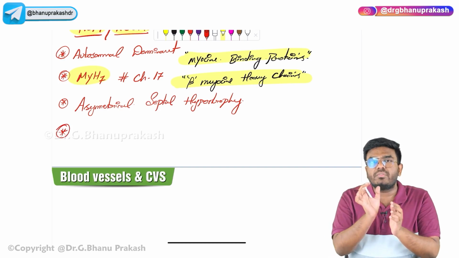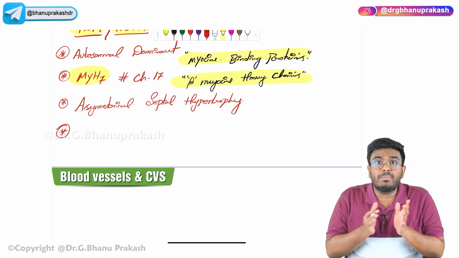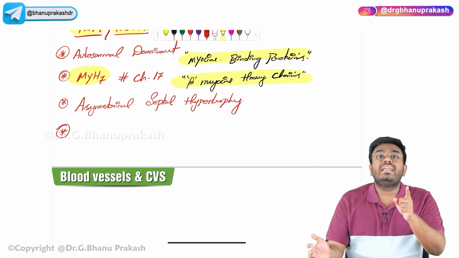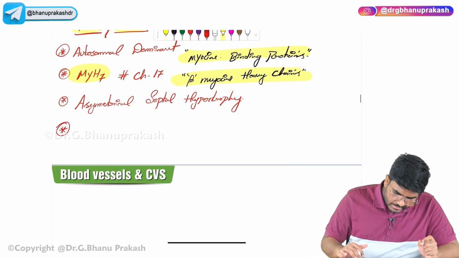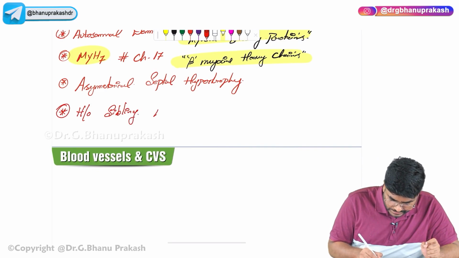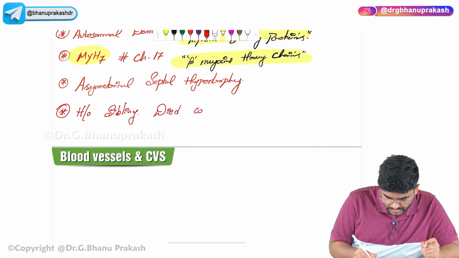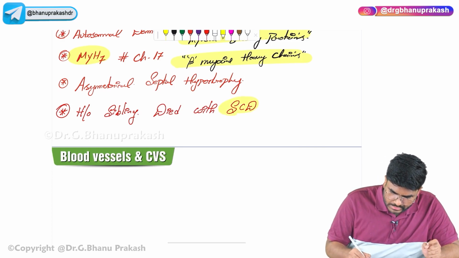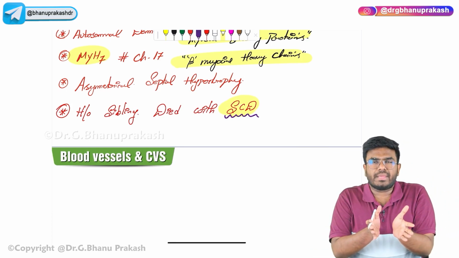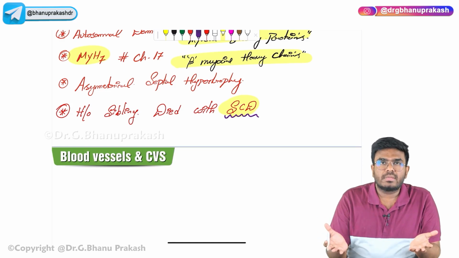Usually they will give you in the history that some relative, a sibling, has died with sudden cardiac death. There is one sibling who is simply playing in some school sports, suddenly dead.